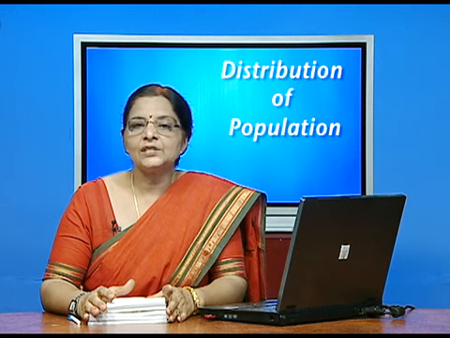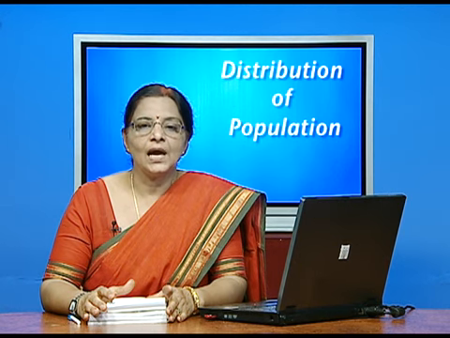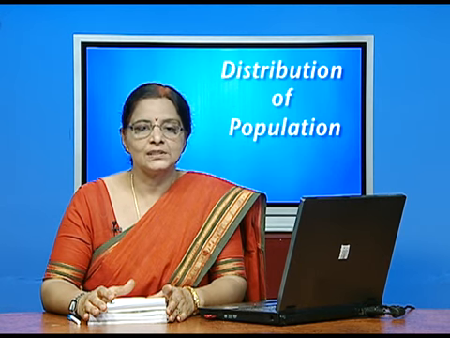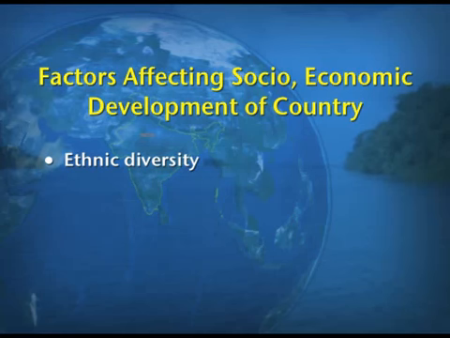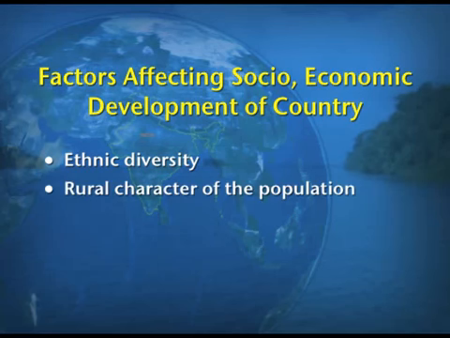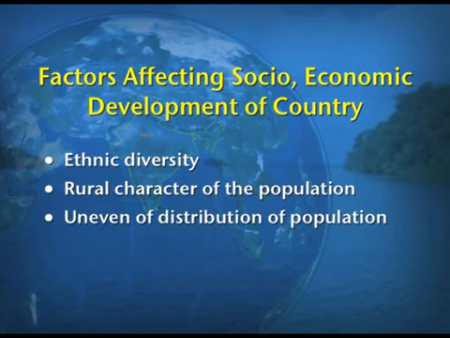So, with a wide range of social, political and economic implications, there is ethnic diversity, rural character of the population and of course, the uneven distribution of population. All these factors affect the process and the phase of socio-economic development of the country.